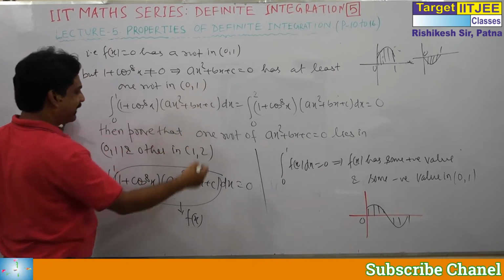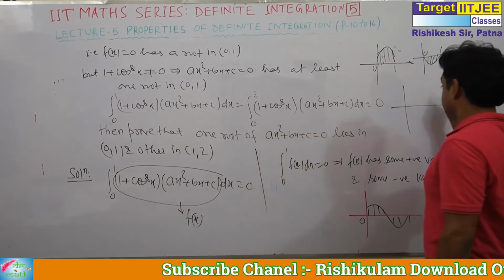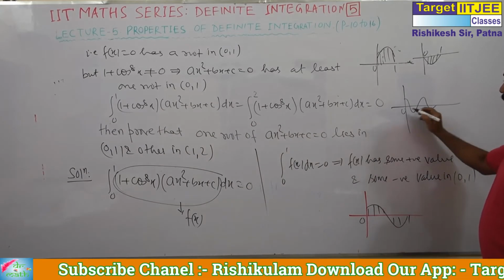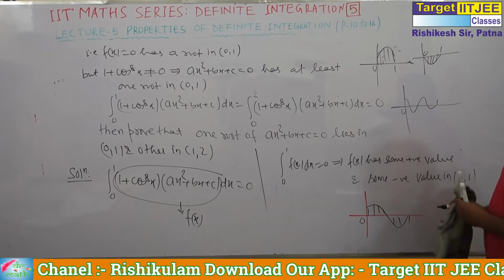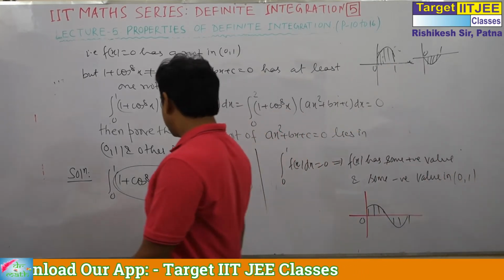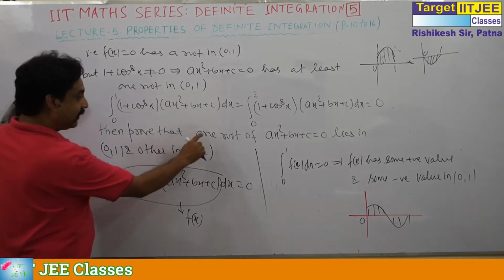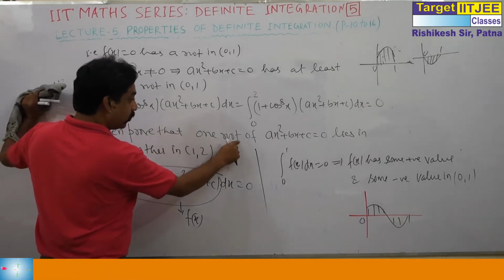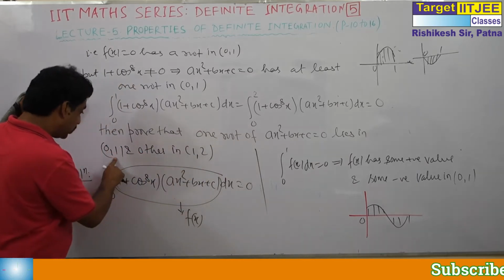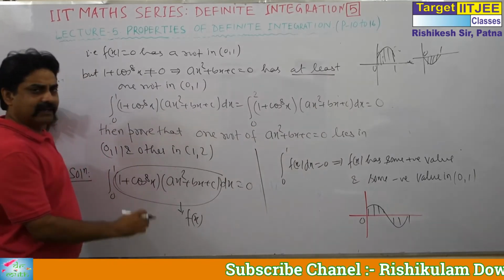Actually, we use the words at least one, it might be like this. So you got it? What we have to prove is that at least one root of this lies in (0, 1) and the other in (1, 2). At least one root.